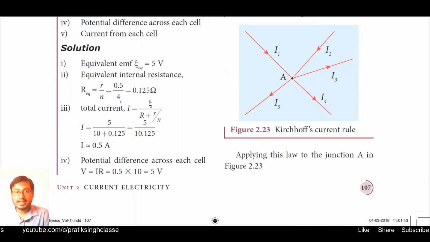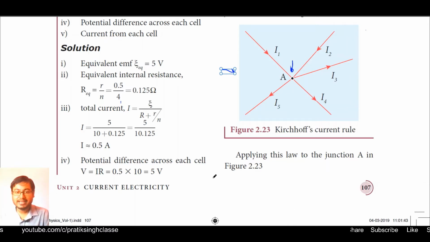According to Kirchhoff's rule, the total current at the junction, meaning at this position, is 0. Numerically, that means the sum of incoming current is equal to the sum of outgoing current.